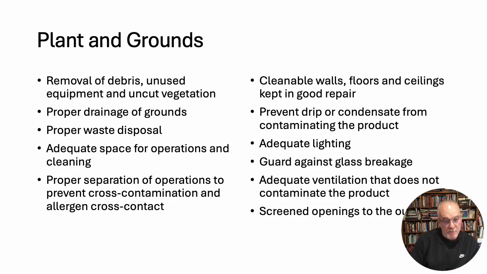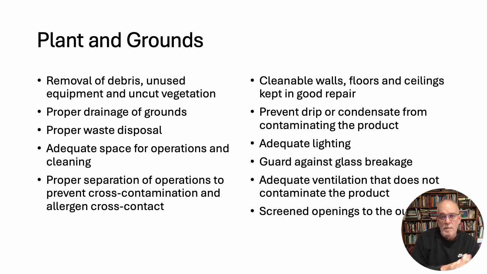So got to think about areas like waste disposal and how's our space to operate, because if you're too tight, then chances of cross contamination, cross contact could be a problem, or you start storing things on the floor because you don't have enough shelf space. So we want to make sure that we have separation between certain activities, certain ingredients, certain processes to prevent cross contamination, cross contact.